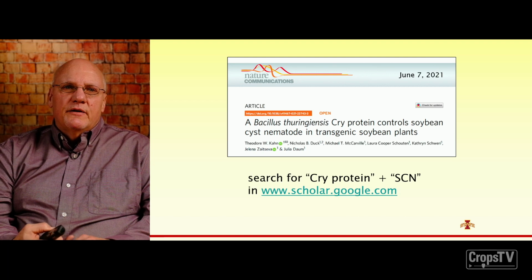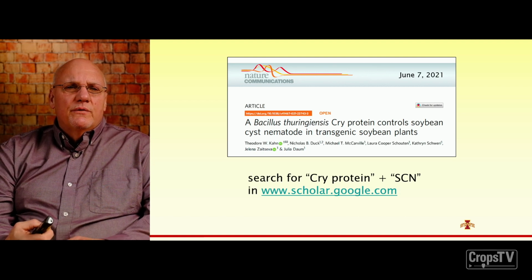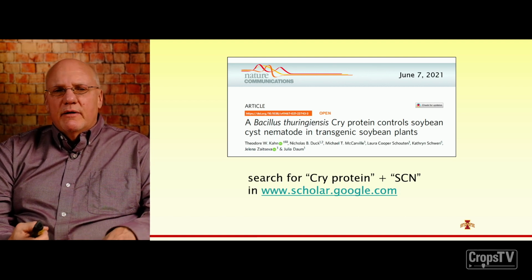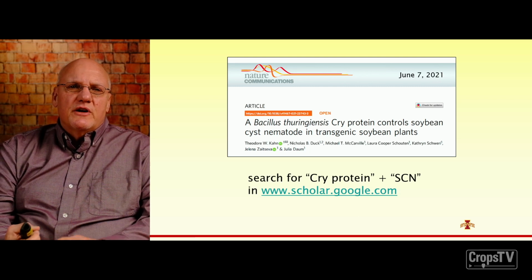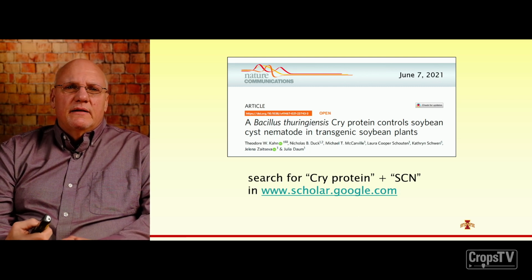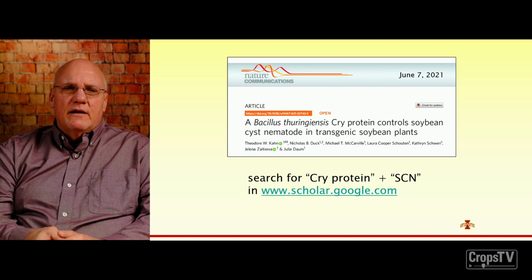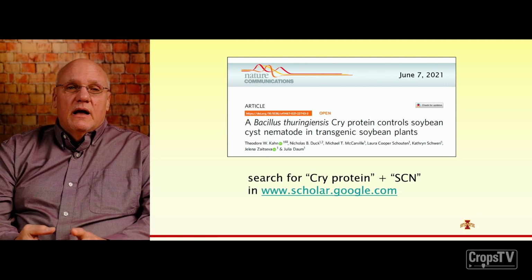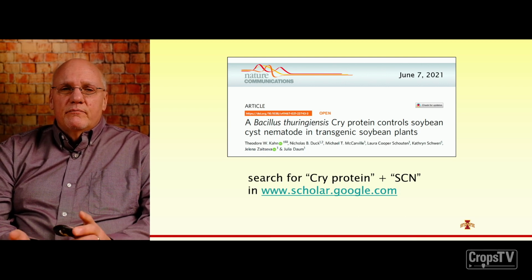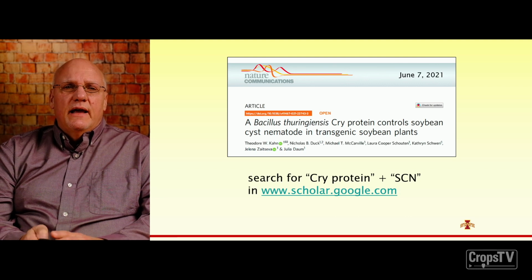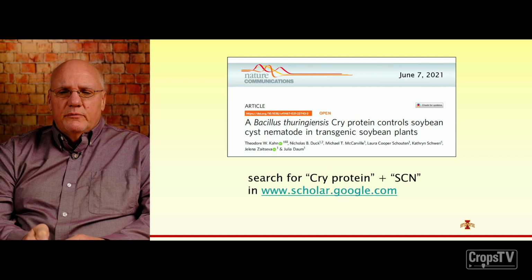The paper is probably pretty technical for most audiences, but every paper has a summary or an abstract at the beginning. If you would like to see that paper and read the abstract or the entire paper, you could just Google cry protein and SCN, and it'll take you to the web page where you can download this PDF file.